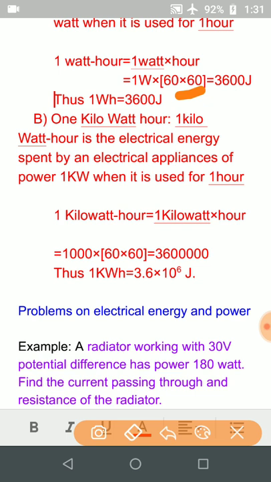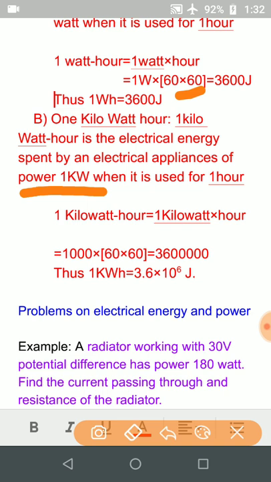Now friends, let us discuss 1 kilowatt hour. It is similar to the 1 watt hour, but the only difference is kilo. Kilo is nothing but 1000 watt or 10 to the power of 3 watt. Here 1 kilowatt hour is the electrical energy spent by an electrical appliance of power 1 kW, that means kilowatt, when it is used for 1 hour.